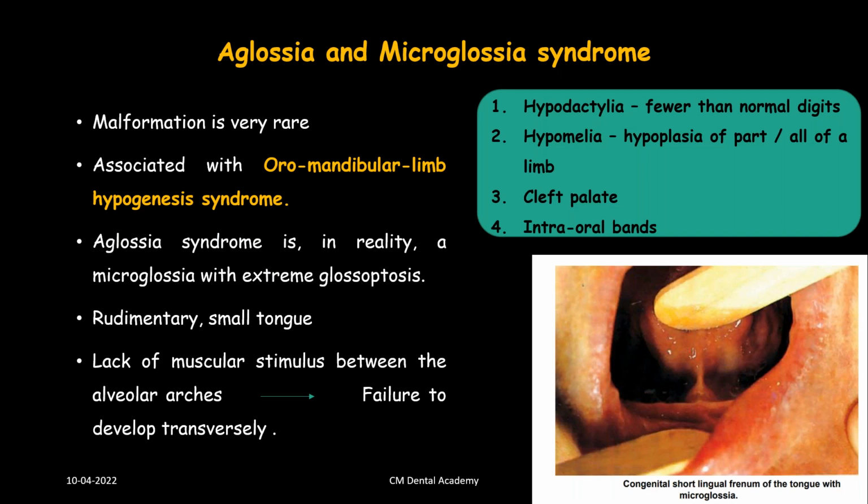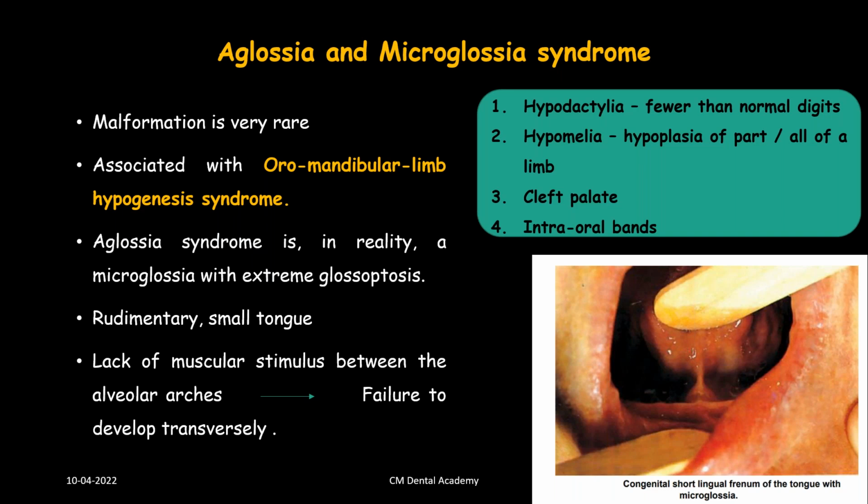As the tongue is small or rudimentary, the muscular stimulus between the alveolar arches is reduced or diminished. The tongue tends to put pressure on the alveolar arches, and it helps in the growth of the mandibular arch in an anterior-posterior direction.